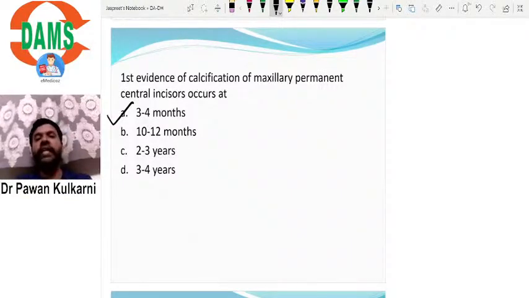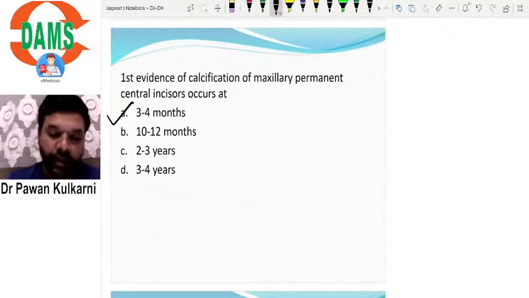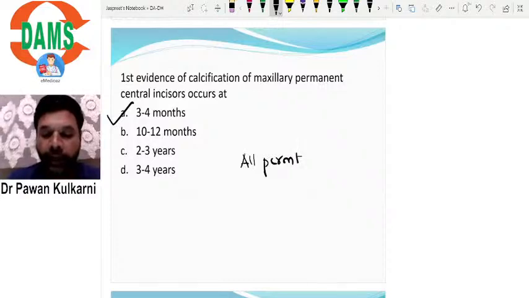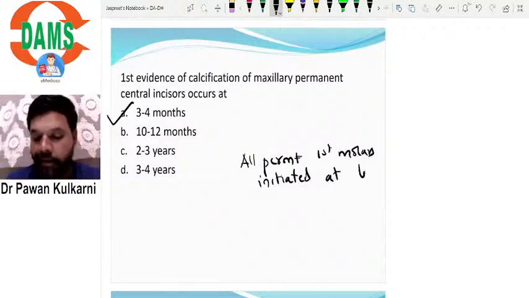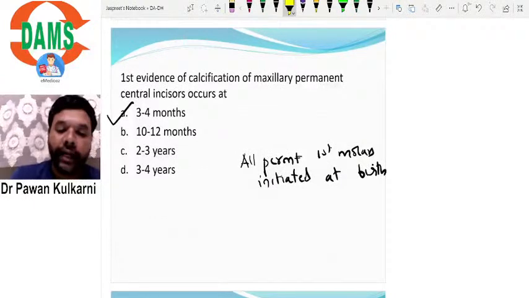So remember, initiation of all the permanent first molars occurs at birth. This is very favorite. You should not forget this sentence: they are initiated at birth.